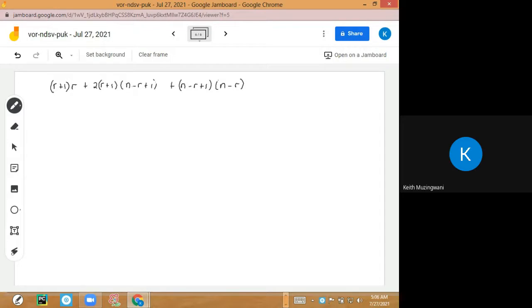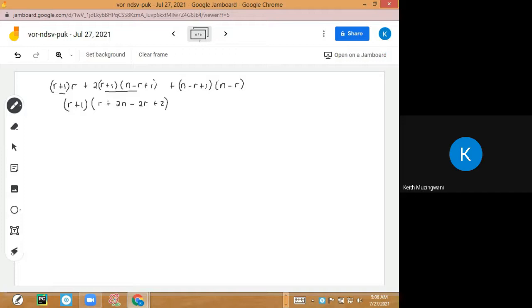In fact, we can do this in quite a smart way. Between this and this one, if we factor out r plus 1, you notice that we'll have r plus 2n minus 2r plus 2.